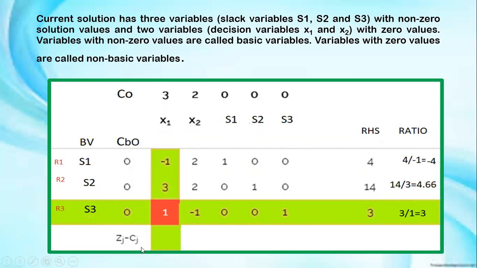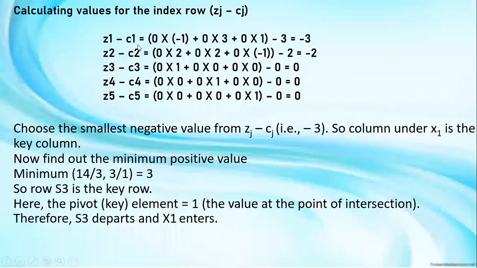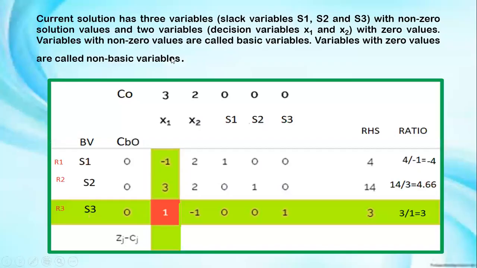Now in order to get the Zj minus Cj value, you have to multiply. For column 1, Z1 minus C1 will be 0 into -1 plus 0 into 3 plus 0 into 1, minus of this coefficient, which is 3.